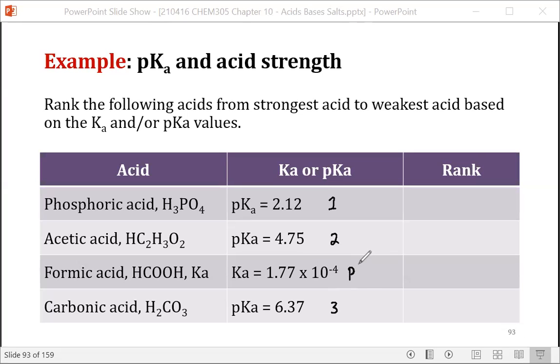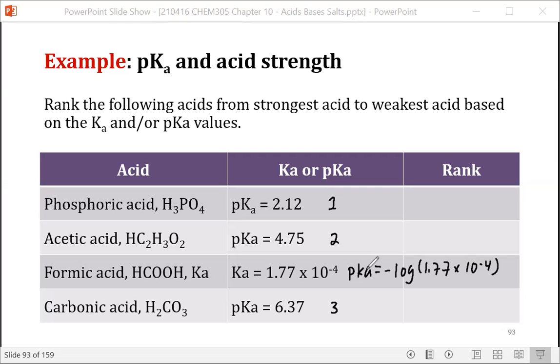So pKa equals negative log of the Ka, so negative log of 1.77 times 10 to the negative fourth. And I get 3.75.